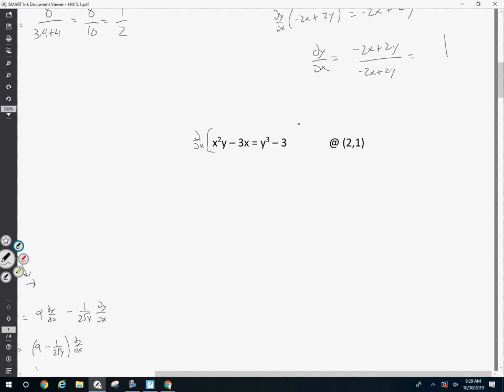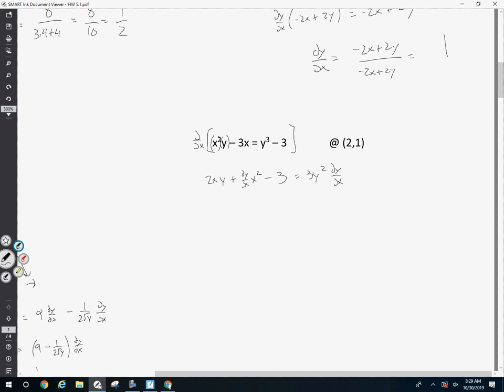Let's look at this guy. I'll look at the graph of it later. Let's just get through this first. Start with the product rule. Derivative of the first times the second plus derivative of the second times the first. Derivative of 3x. Derivative of y cubed. Derivative of 3, 0.